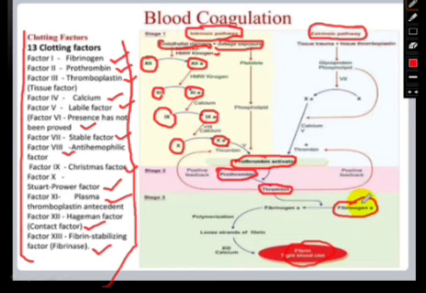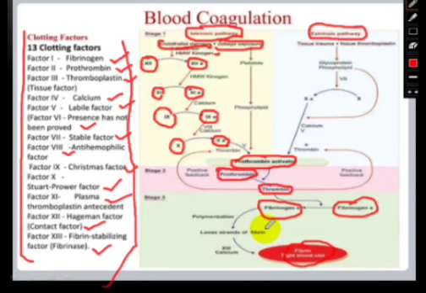When this happens, thrombin will now convert inactive fibrinogen to an active fibrinogen.